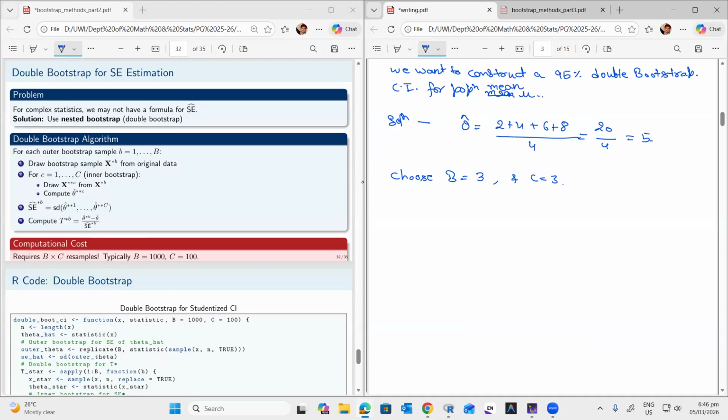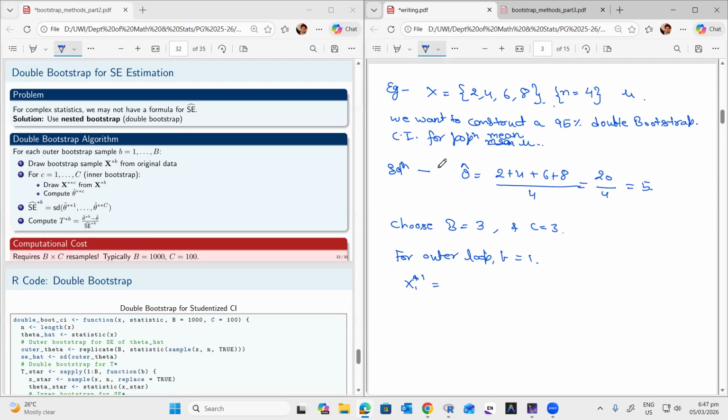For the outer loop, say B equals 1, we will draw the sample x1 star 1 with replacement from 2, 4, 6, 8.